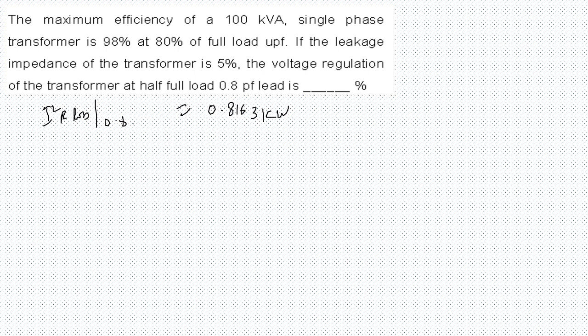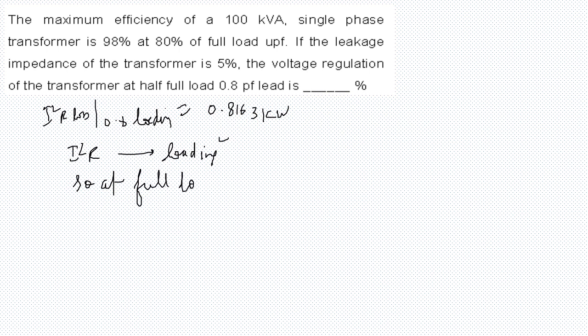Your I square R losses will depend on the square of your loading. So when it is fully loaded, your loading is 1, and so at full load the losses will be equal to 1 square over 0.8 squared into 0.8163.